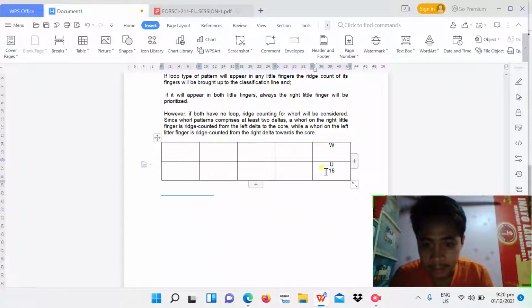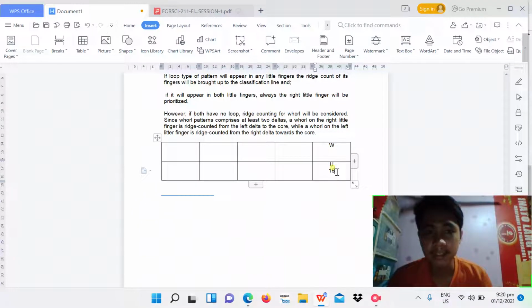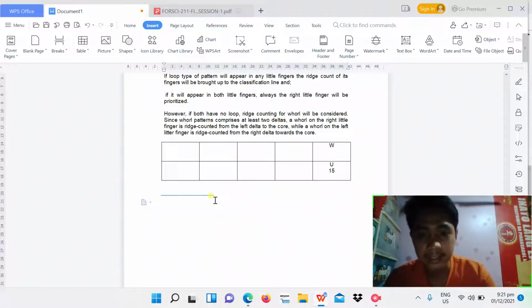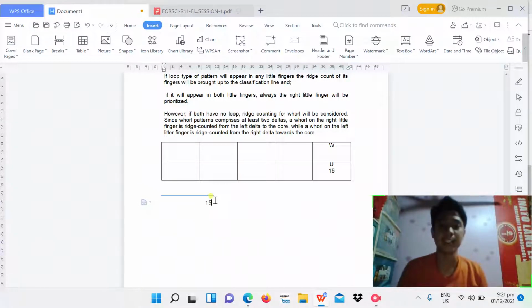The ulnar loop has a ridge count of 15, and since you got the ulnar loop in the 10th finger, or the left little finger, you will place ridge count 15 in the denominator. So you will put 15 in the denominator.